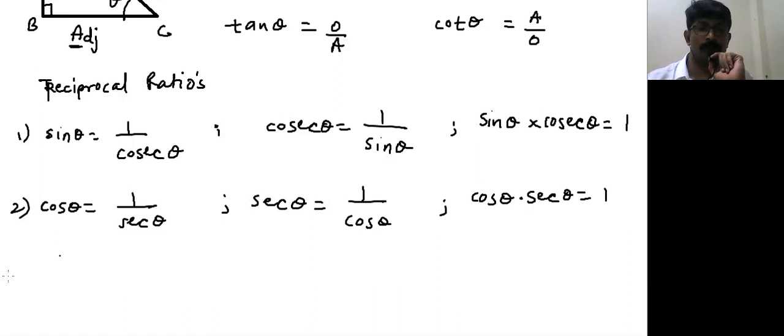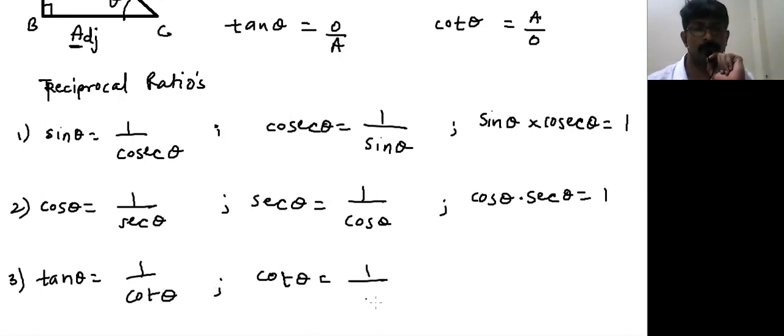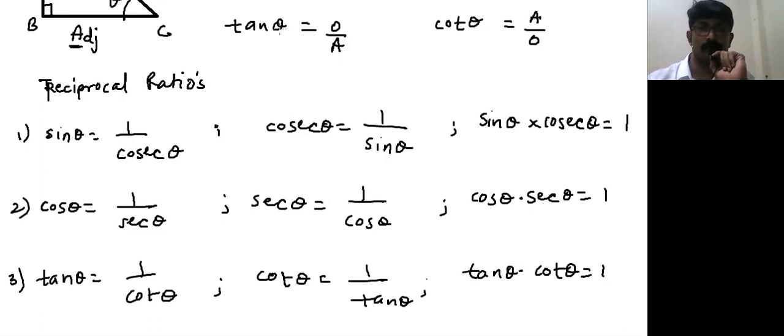Third one: tan theta is 1 by cot theta. Cot theta is 1 by tan theta. And tan theta into cot theta is 1. I hope you understood what reciprocal ratios are.